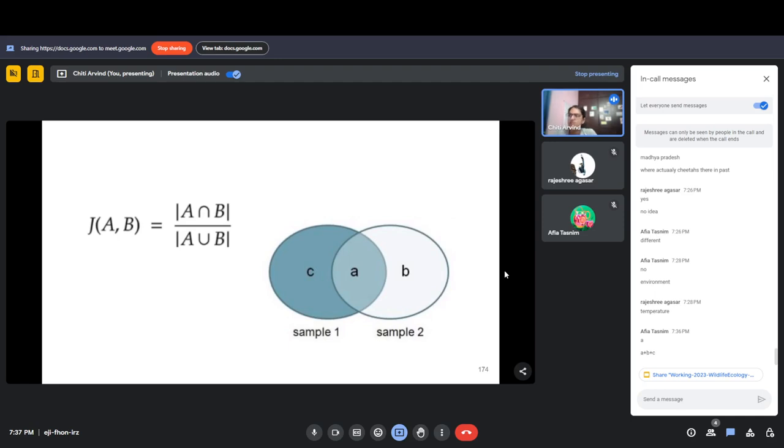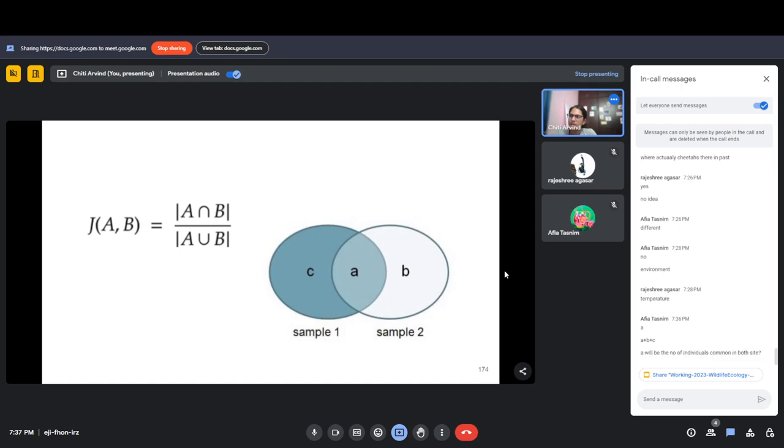Does this make sense, Afia? A will be the number of individuals common in both sites, right? The species, yeah. Yeah, correct, species.